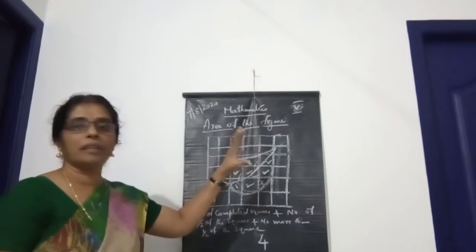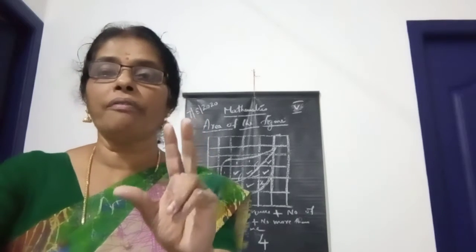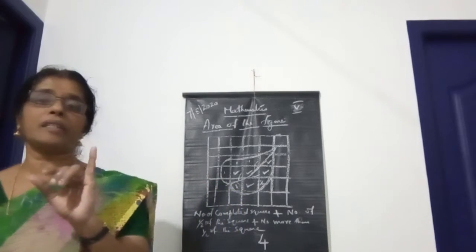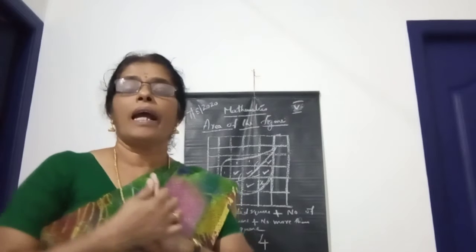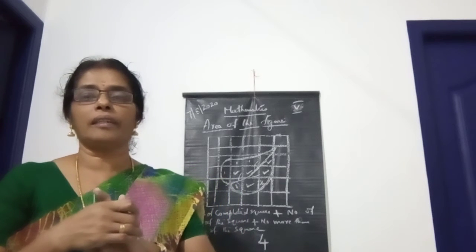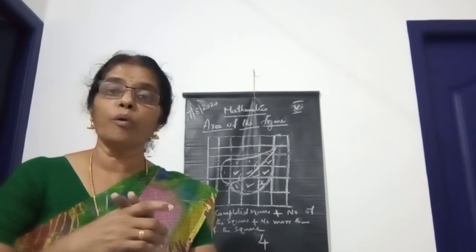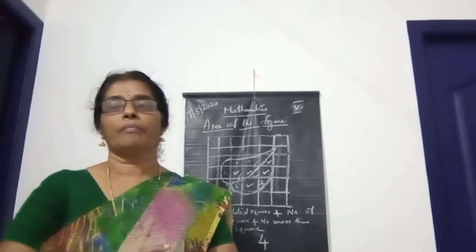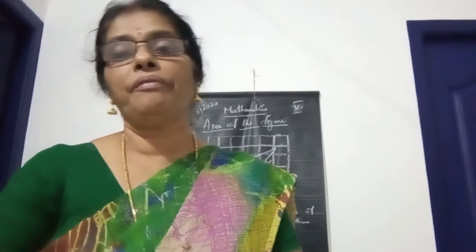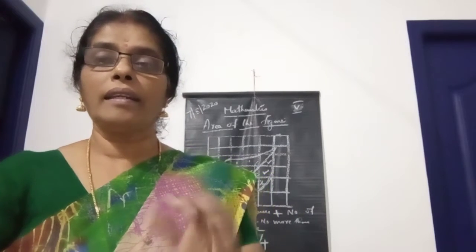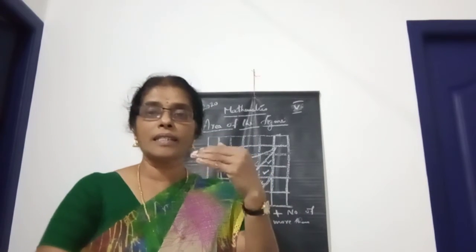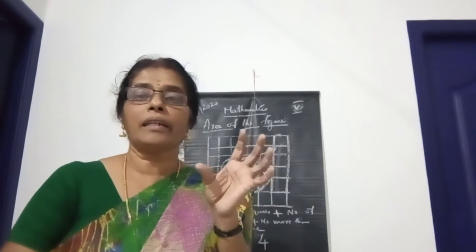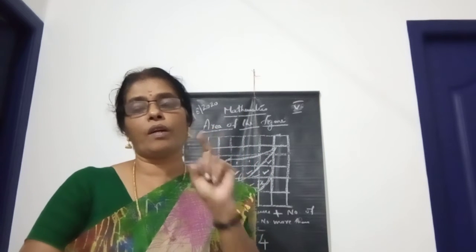This leaf is covered with completed squares, half squares, and more than half squares. More than half a square we can take as one square, and less than half a square we can remove.